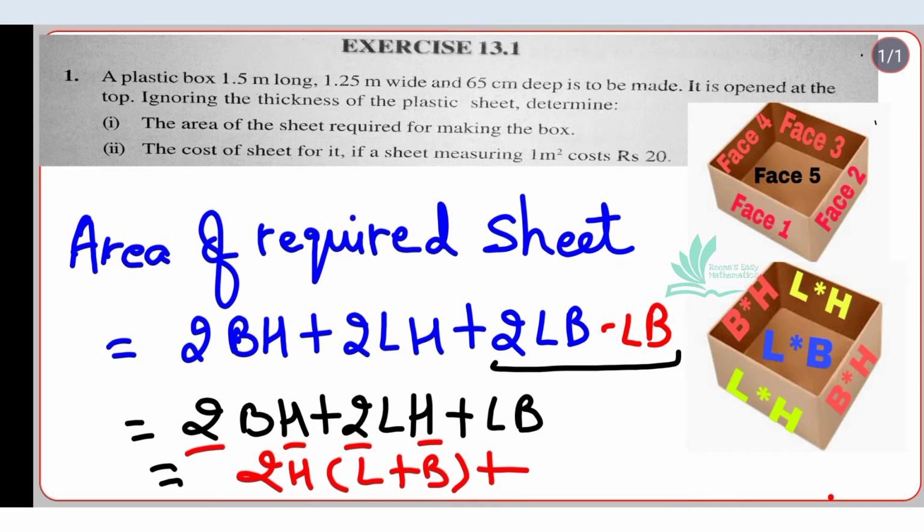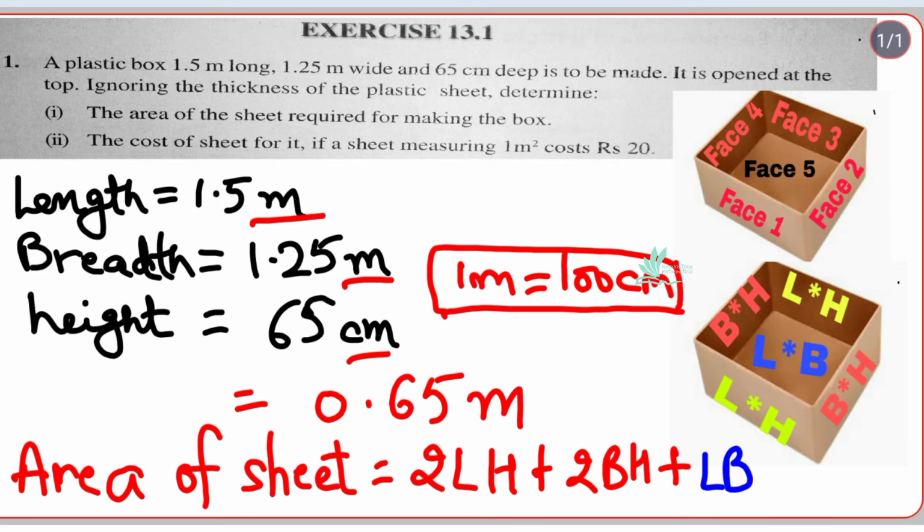Or we can further simplify the formula by taking 2h common from it. Now it's our choice whether we use the formula 2bh plus 2lh plus lb, or the formula 2h(l plus b) plus lb. So let's start.